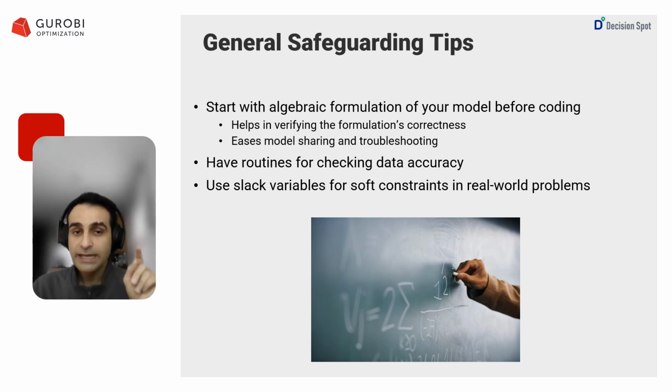Finally, in many real-world problems, the stakeholders might provide rules as hard constraints, but in practice, they don't always need to be that rigid. Embracing slack variables is a great way to soften those constraints, which allows some flexibility and helps you avoid unnecessary infeasibilities. So be open to making some constraints more flexible when it makes sense.